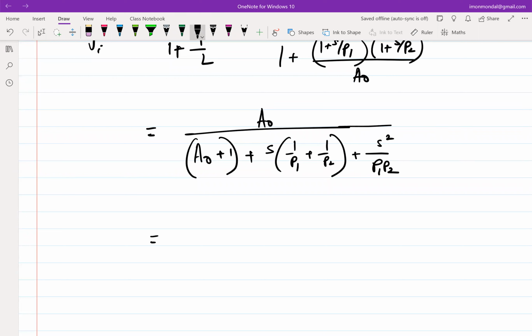So I write it in the standard form of second order equations that we are familiar with, zeta, omega n, and all those things.